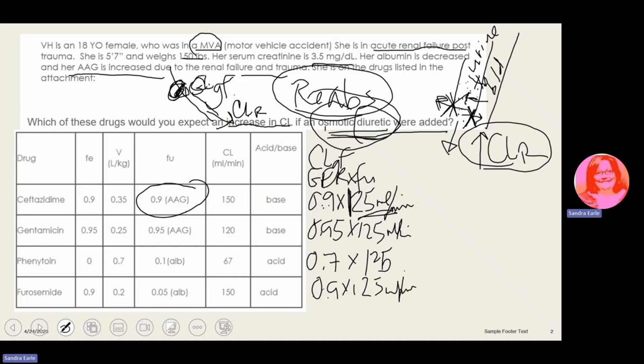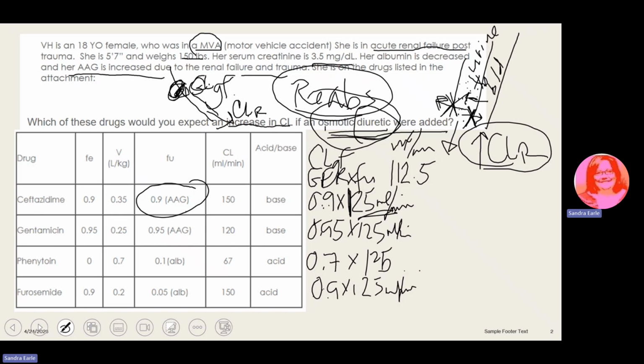So we can do that very quickly here. Gotta find my calculator. All right, so 125 times 0.9. Whoops, let me just clear that out. 125 times 0.9 is 112.5 mils per minute.